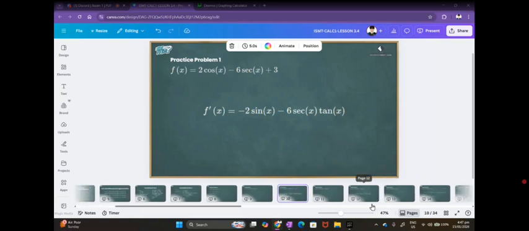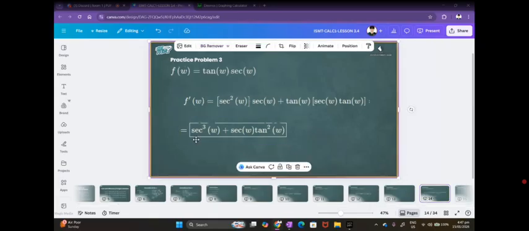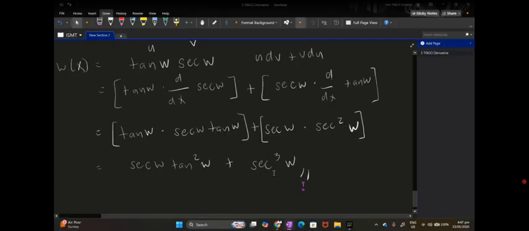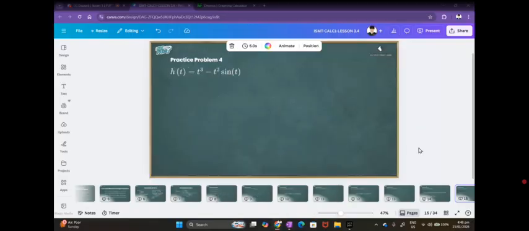Ito pala, nakita pala yung sagot. Ayan. So, tama tayo. Secant cubed W plus secant W tangent squared W. So, ayan. Gets po ba? Now, let's head on to the next problem.